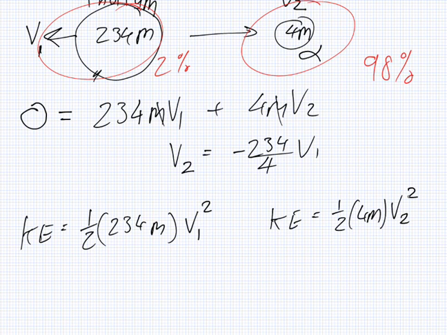Well, look, before we do anything, we need to try and understand what we want to get to. So, if 98% of the energy is in that one and 2% is in that one, it means we are trying to show that this one is much bigger than this one. How many times bigger? Well, let's imagine it was 50 and 50. Then we want to show they're the same. Let's imagine it's 33% and 66%.